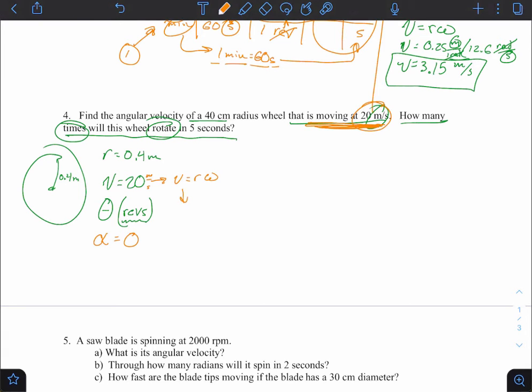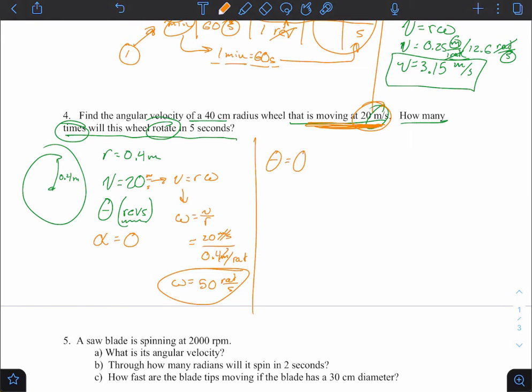Or rather, angular velocity equals the velocity over radius, which is 20 meters per second divided by 0.4 meters per radian, or per radius, and 20 divided by 0.4 is 50 radians per second.